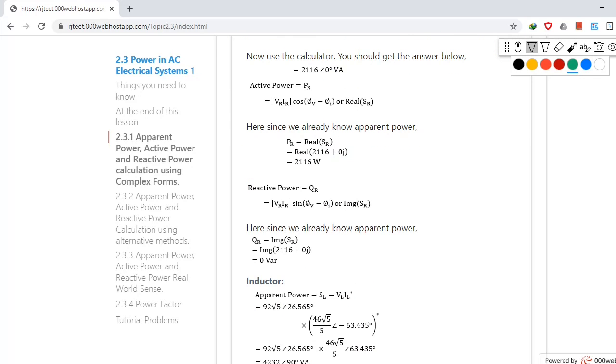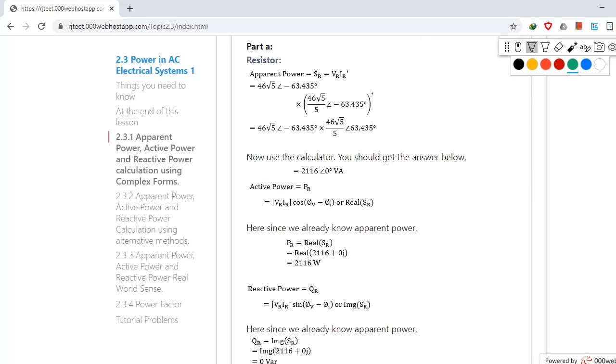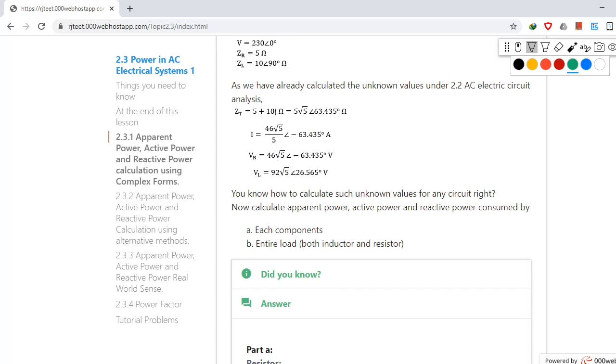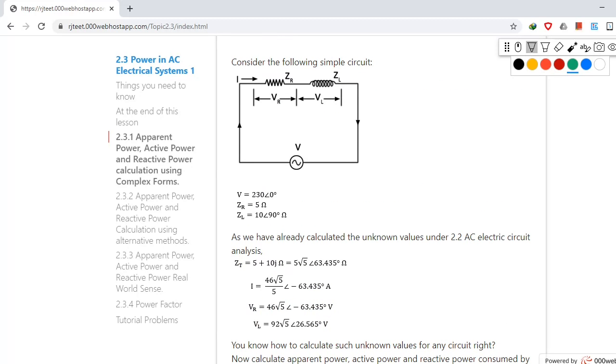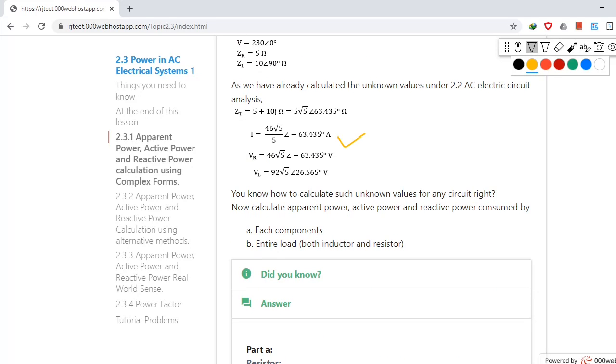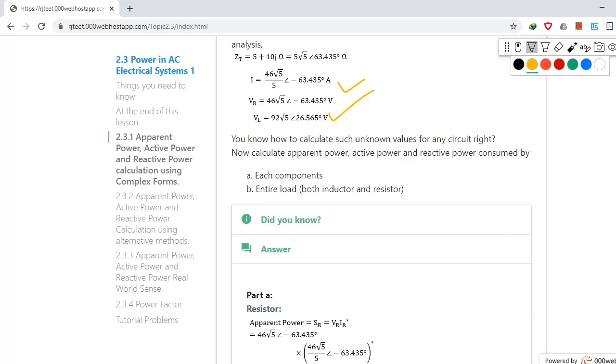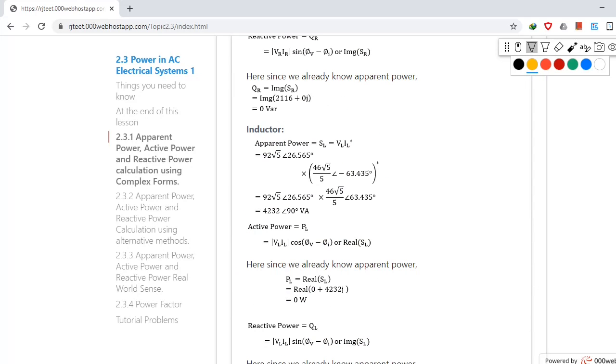Now if we go to the inductor, to calculate the power components, you should know the voltage drop and the current too, right? If you know these two, you can calculate the power components in the inductor. And fortunately, again, we have calculated those two, so all you have to do is substitute them in the correct order.